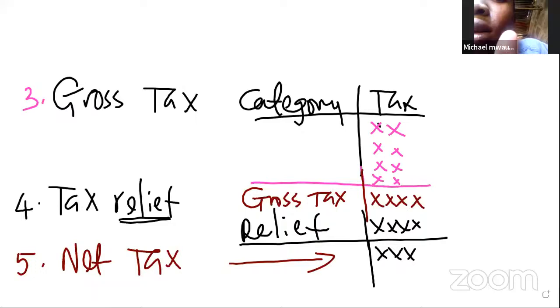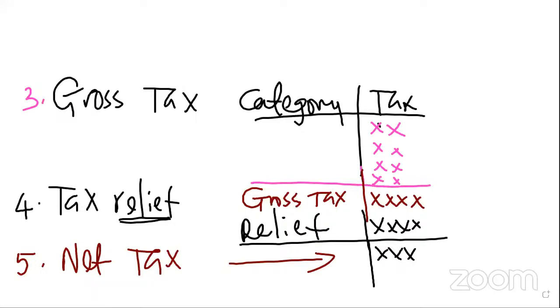Definition of tax relief. This is the amount of money that is subtracted from the gross tax. What is relief? Relief is to lessen the burden of paying tax. I'm calling it a burden because once you are paying tax, you are giving your money to the government. So what is to be relieved?